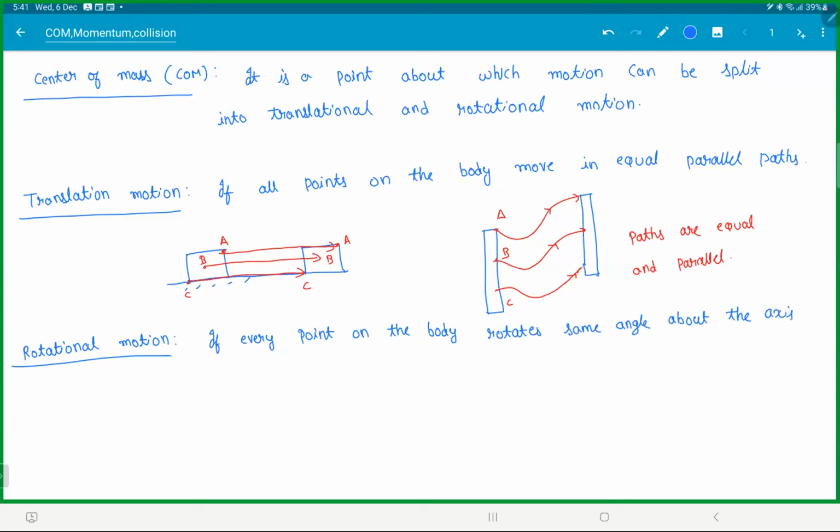Now don't get confused between rotational motion and circular motion. I'll tell you the difference; both are not the same. If you have a rod like this, and this rod is rotating, all points cover the same angles, but they don't cover the same distances. So this is how we define translation and rotational motion. Clear with this?